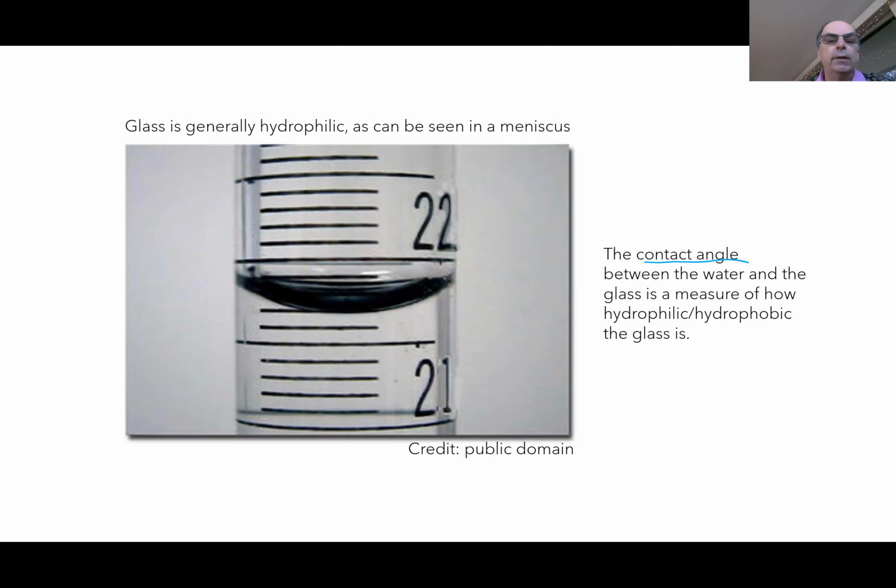And here's water inside a test tube and measuring cylinder, and the contact angle is this angle here. In this case, it's a hydrophilic substance, which means it attracts water, so it drags water up the glass. And you'll be familiar with mercury, which is quite strongly hydrophobic, where you get a contact angle like that.